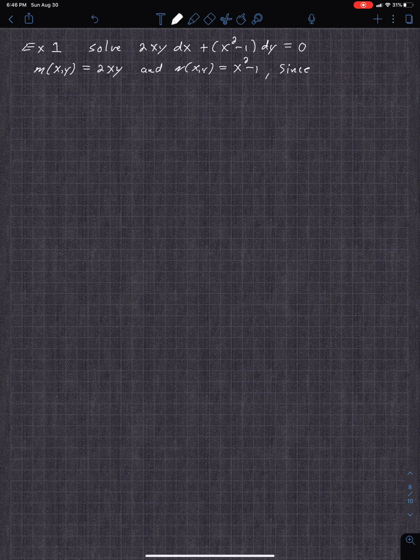Since partial M with respect to y is equal to 2x, which is equal to partial N with respect to x, then this given equation is exact. You could say, by Theorem 1, but you don't have to say that. But you would have to show that step if asked to show something's exact.